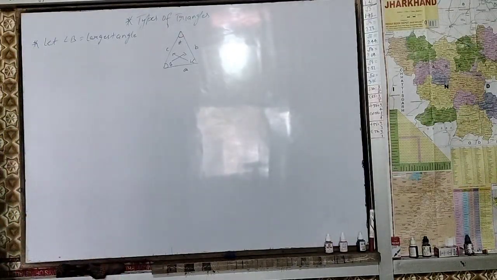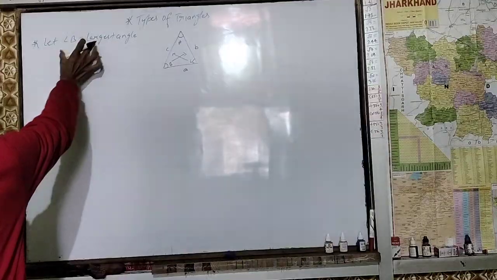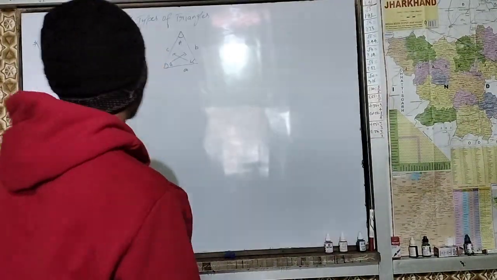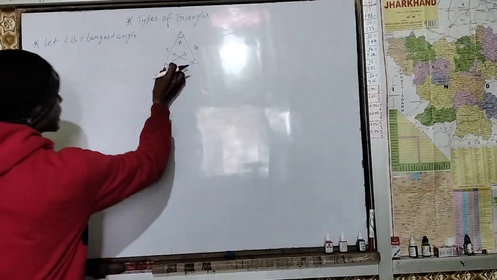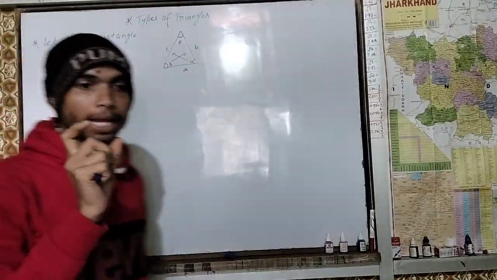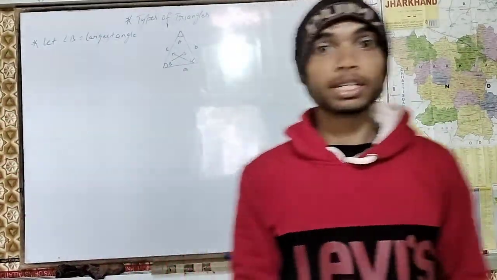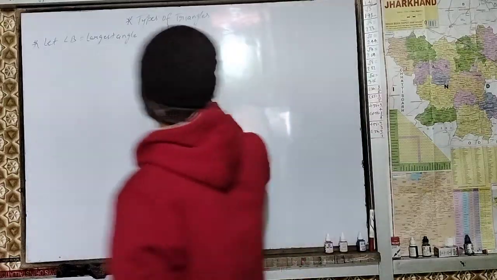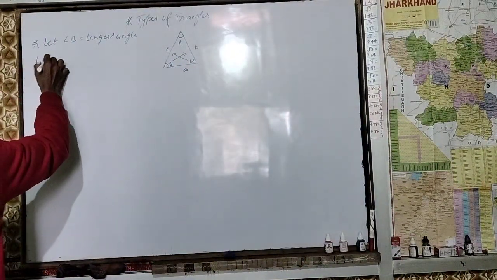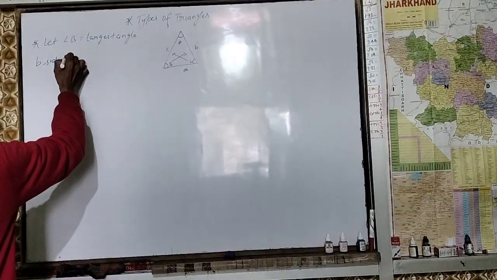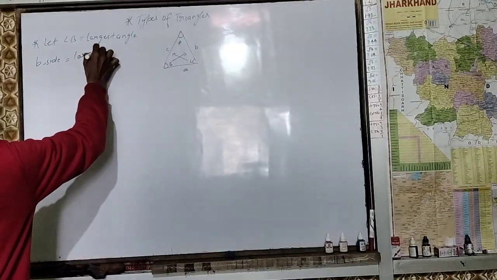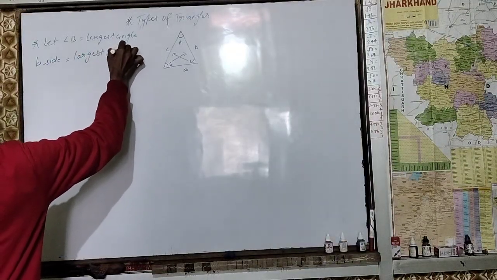Now the question says let angle B be the largest angle. In that case, the line in front of angle B, the side b, will become the largest side of this triangle.